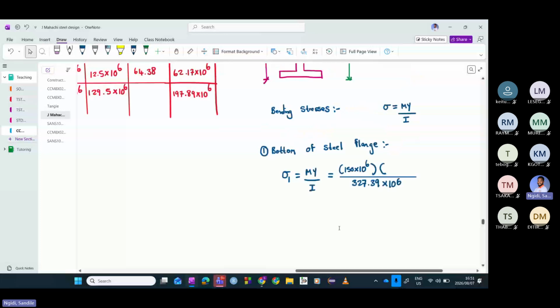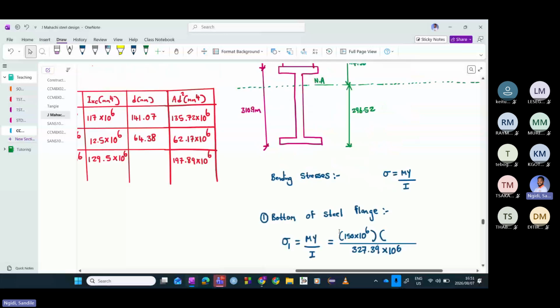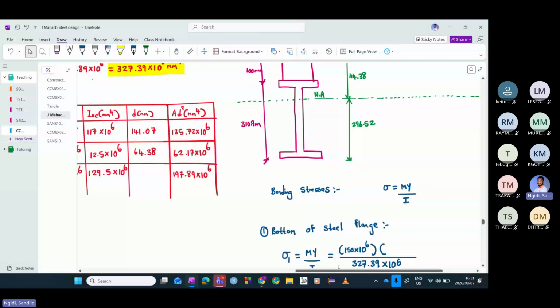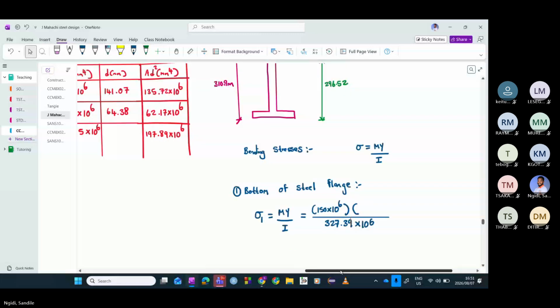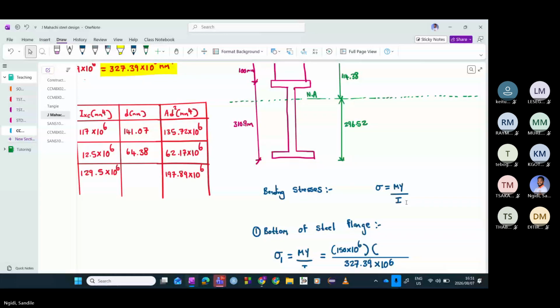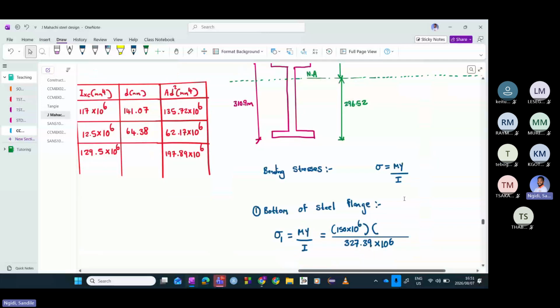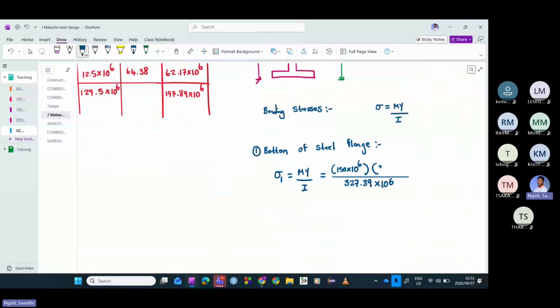This y, this is where I need you to come in now. What will be the value of y here when we are looking for the stress at the bottom of this steel? Yes, 296.52. That's correct.